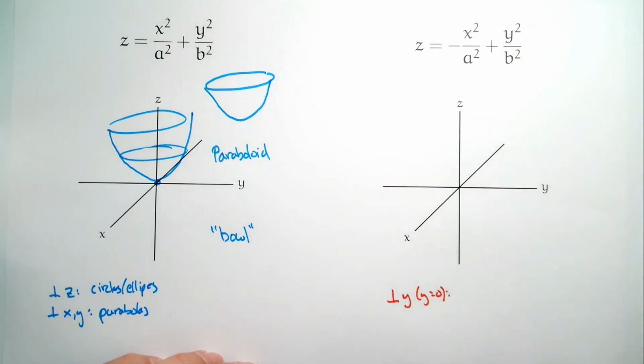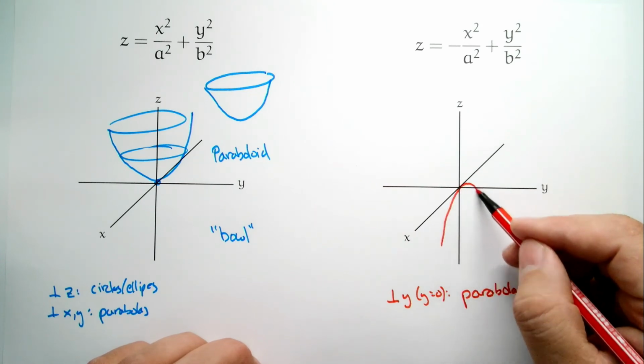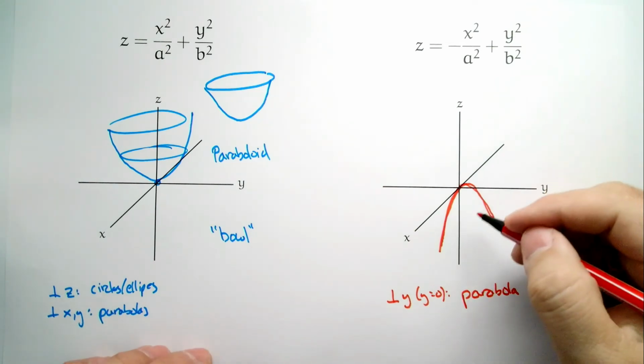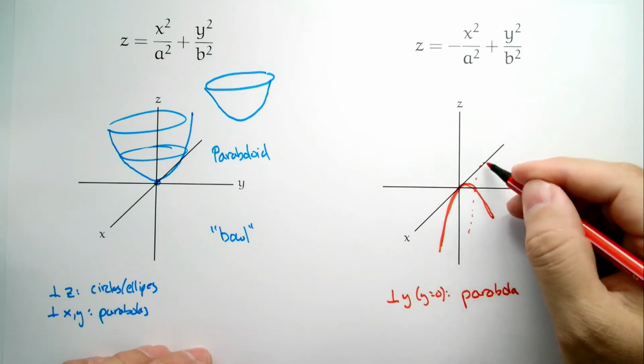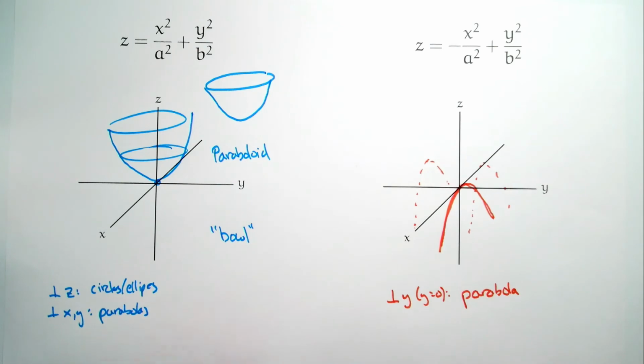It's a parabola that goes down. So we would see a parabola going down in xz. In fact, anytime I fix y, I'm going to see a parabola going down. What's going to happen, though, is that as I vary y, I'm going to do a shifting up. So I get parabolas opening down, but we're dragging their vertex up.